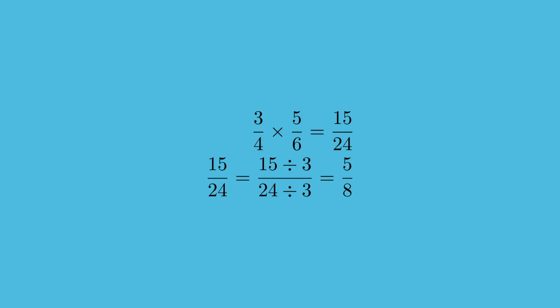But wait, we can still simplify this fraction further. Looking at the numerator and the denominator, we can see that both 15 and 24 are divisible by 3. So let's divide 15 by 3, which gives us 5, and 24 divided by 3 gives us 8. Hence, our simplified fraction is 5/8, much simpler than 15/24. Thus, the correct answer is D.